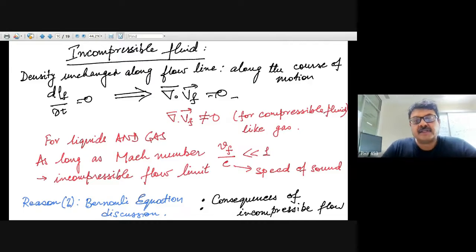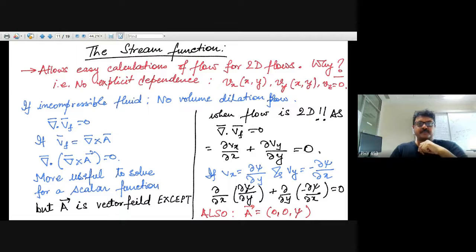But right now, let us study the consequences of incompressible flow, and then we'll see how under certain conditions one can approximate a fluid flow to be incompressible flow.